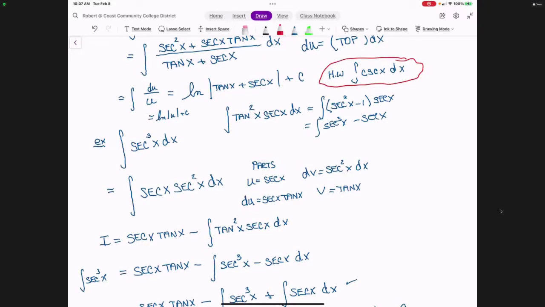Now, the reason I'm saying this is because when you check your answer in the table of integrals, it's probably not going to be what you have. This is going to happen from time to time.